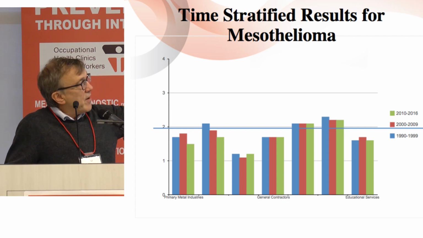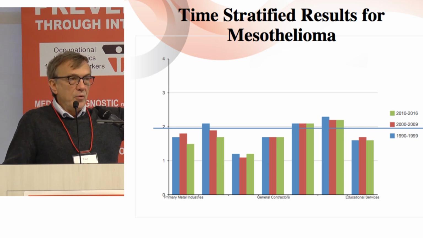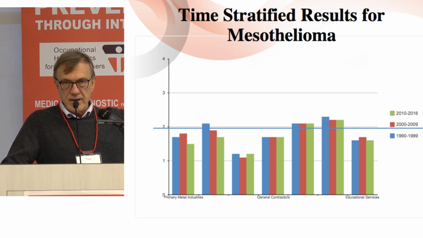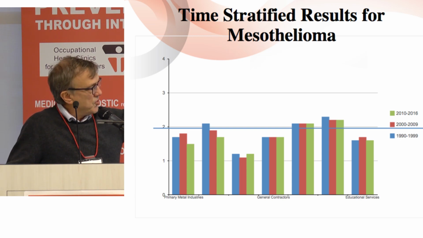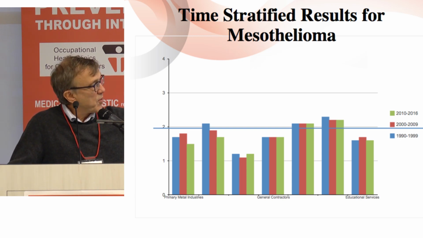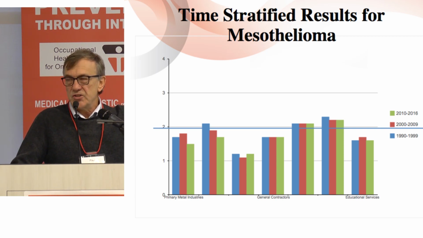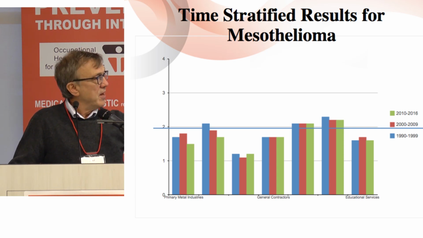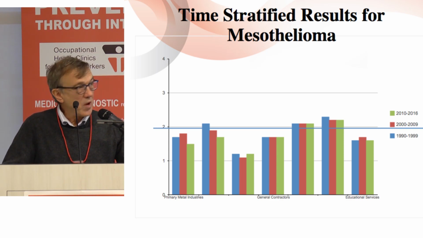Our system allows us for some jobs to look at what the risks are over time. And what we hope to see, for instance, is something like the non-metallic mineral products. So we hope to see the risk of asbestos-related disease going down over time, but in fact, it's relatively flat.